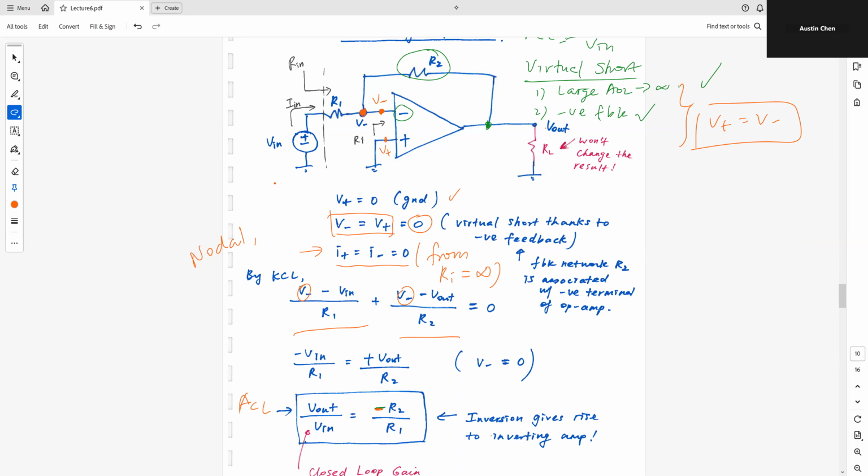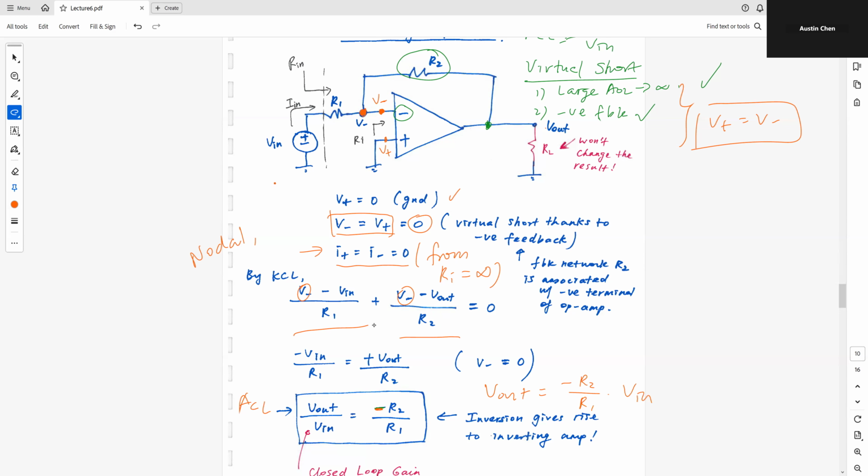By choosing the right values for R2 and R1, you can set the gain. You can decide how much you want to scale up your input signal.